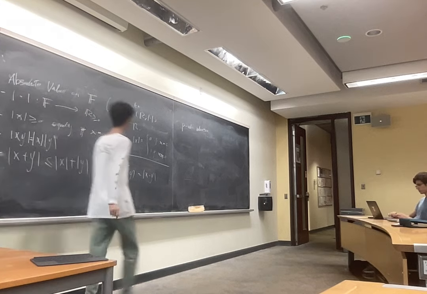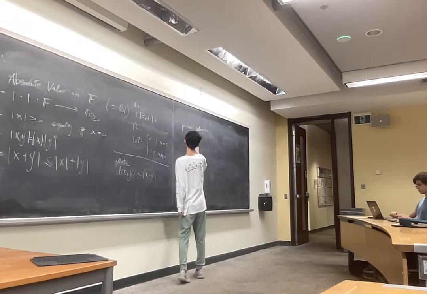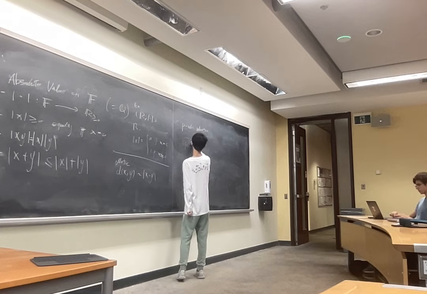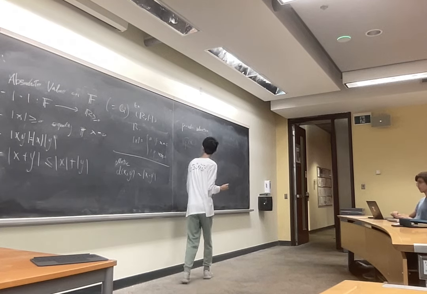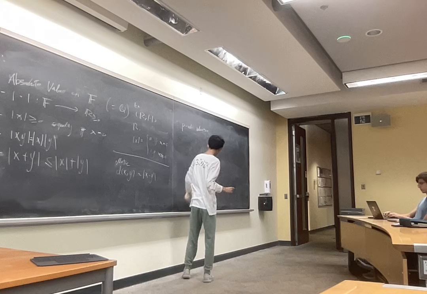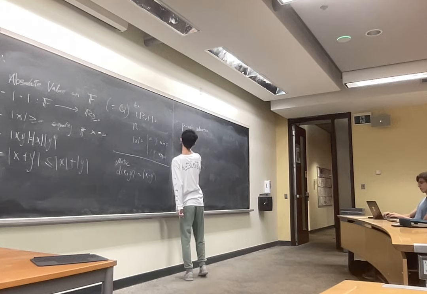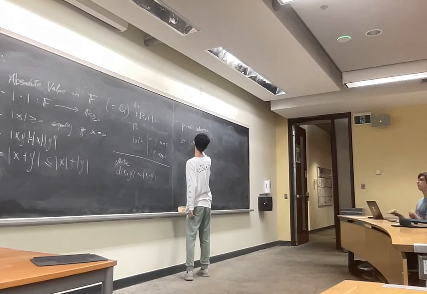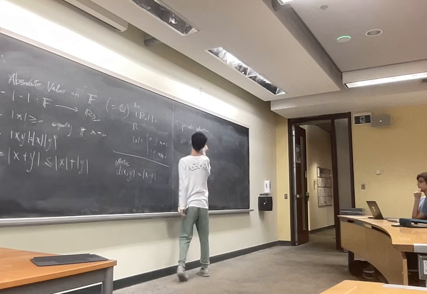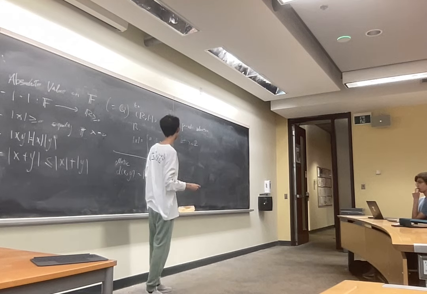Let's define the P-adic valuation. So we denote the valuation by nu p of x. Let's first define the valuation on Z. So let x be in Z, an integer.